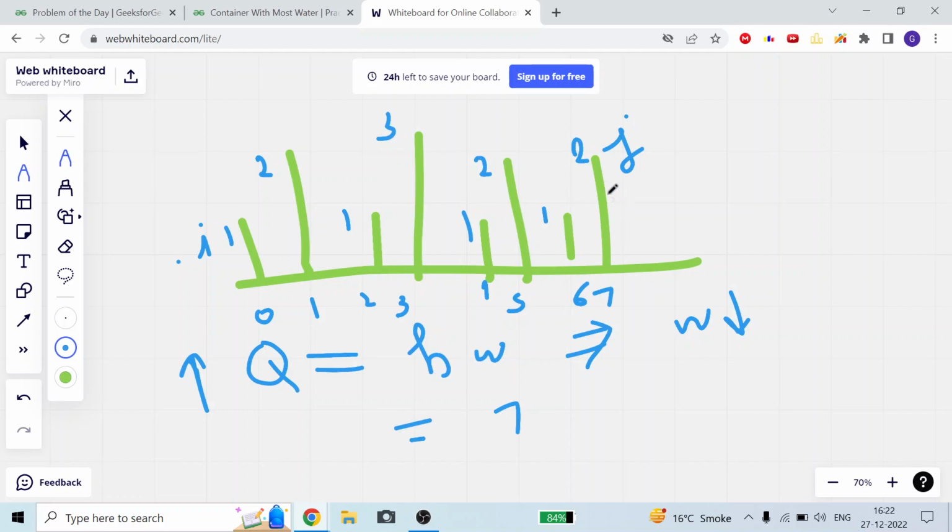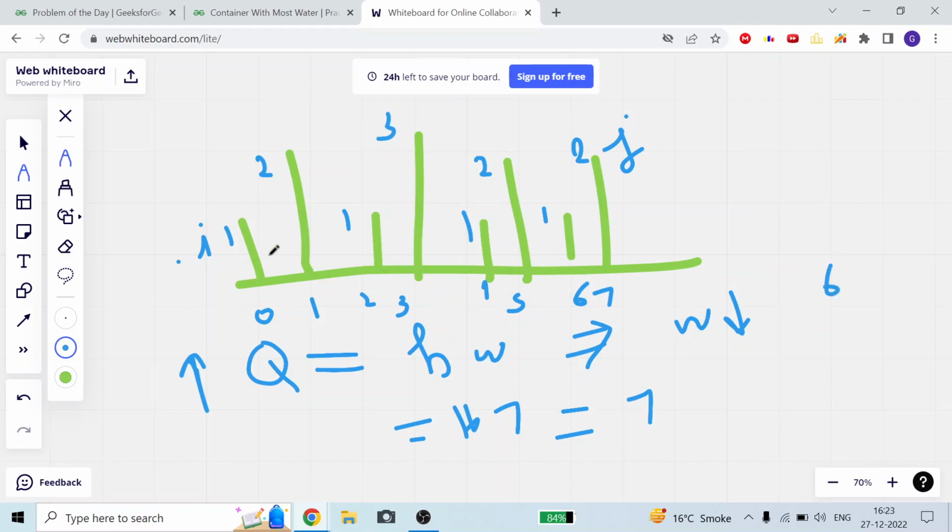The minimum height of 1 and 2 is 1. Between these two walls, the maximum amount of water we can store is limited by the smaller one, because after this the water will overflow from here. So it is 1 into 7, that is 7. Now guys, if we move j here, then we can see the width will decrease by 1.